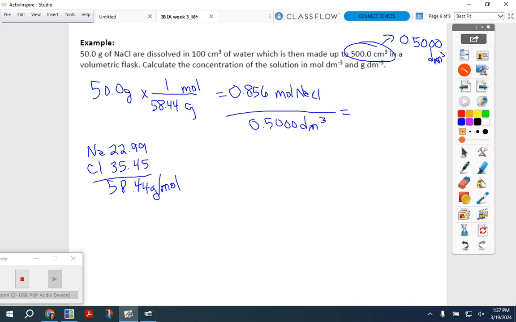Oh, I see Lily's doing it. And if we're going to write it the way IB does, you would write that as mole dm to the negative 3. Draw a 3, that'd be great. There we go.